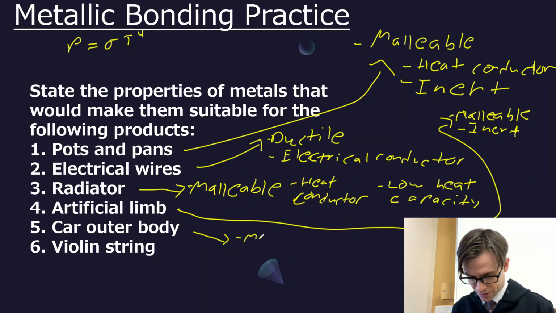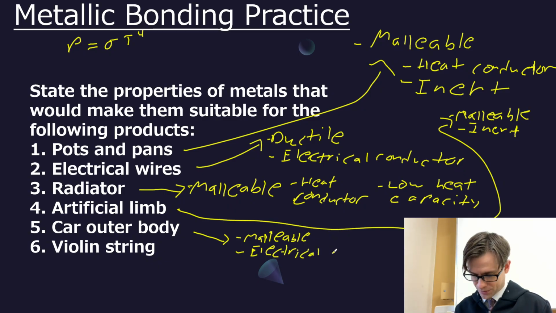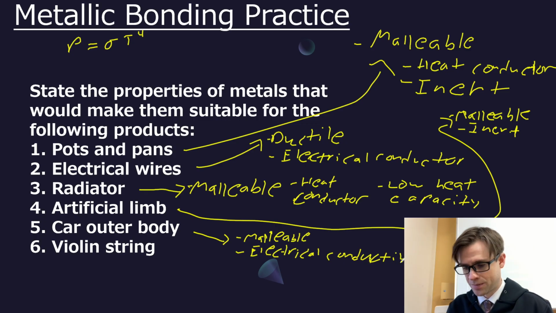Outer body of a car. We want that to be malleable to make cool and aerodynamic shapes. Interestingly, we do want that to be a good electrical conductor. For 2 reasons, I think. I think when the car builds up static electricity from driving over roads all day, we don't want that charge to be stuck anywhere.